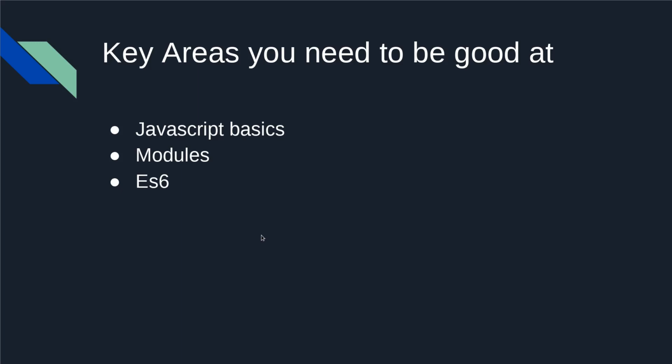Most of the time you'll just be using arrow functions because most people prefer them. They are very short and precise for writing anonymous functions. So when you understand ES6 very well, you'll have the upper hand in getting React to work more easily for you. So under ES6 we have these kinds of principles.